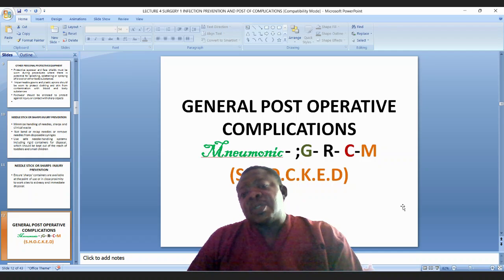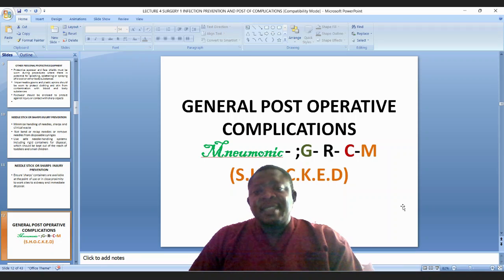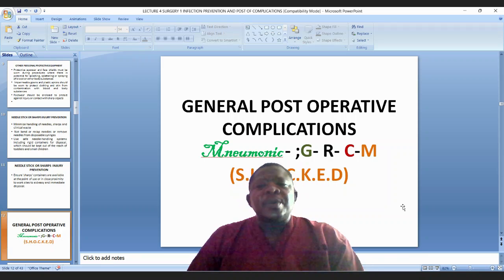When you talk about the GIT, there are complications within the GIT, like paralytic ileus. Respiratory, there are complications that may come within the respiratory tract. Then cardiac and musculoskeletal. When we talk of hematoma, that is a complication affecting the circulatory system. Even cardiac arrest is one of those complications.